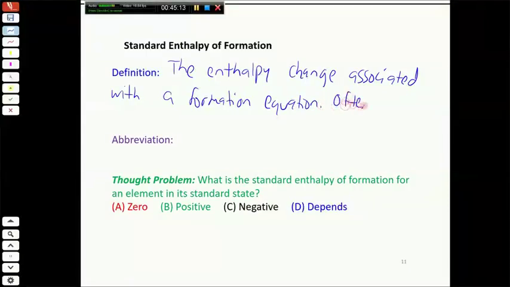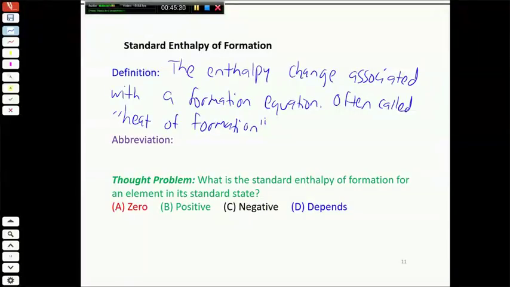And the terminology that we often use is heat of formation. So enthalpy of formation, heat of formation mean the same thing. It's the enthalpy change that's associated with a formation equation for a specific compound.